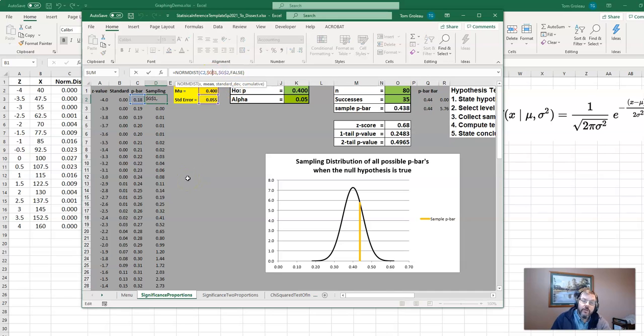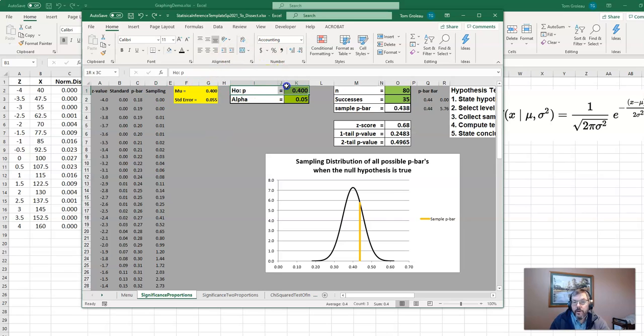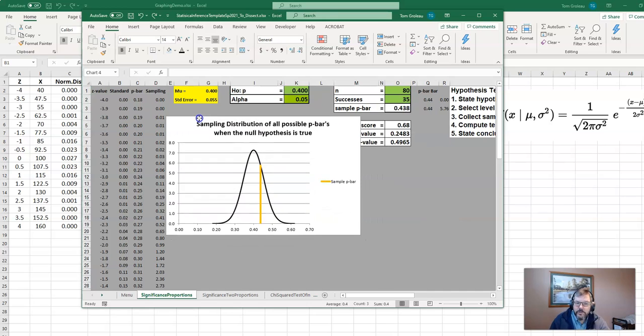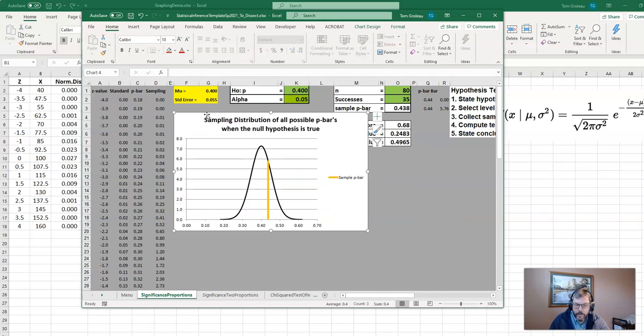Now, where did I get the mean and the standard deviation? Well, those had to be computed based on the null hypothesis. If you remember your sampling distribution theory, if I'm taking samples from a binomial distribution, a yes-no distribution, that has a 40% yes or 40% success probability, well, the mean is 0.4.